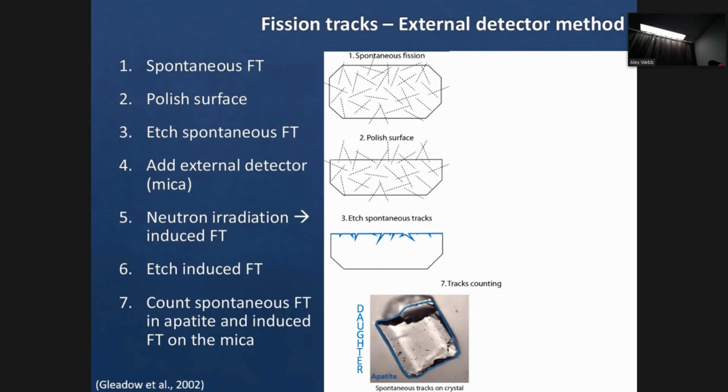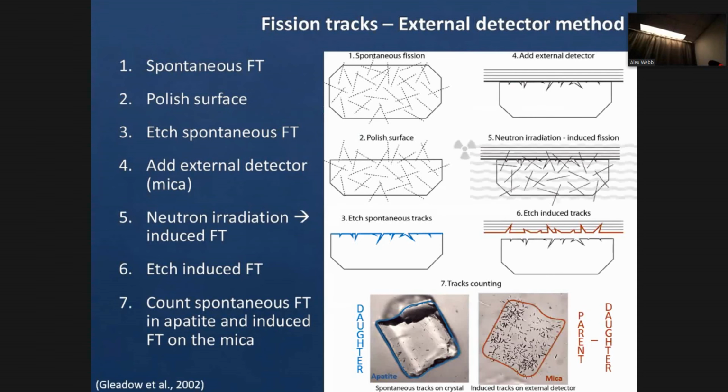Now to know how much uranium we have, there are two techniques. The first one is called the external detector method. It's the cheaper one, but it is quite long and very time consuming because you need someone counting on the microscope nonstop. But it's quite powerful. So you put a mica foil on top of your apatite, on which you have no uranium.